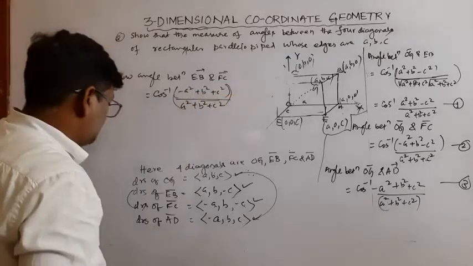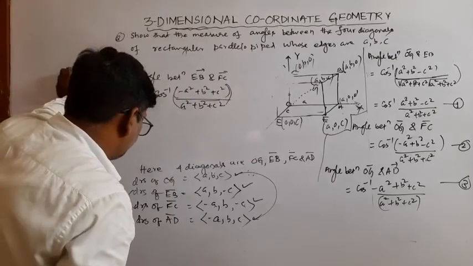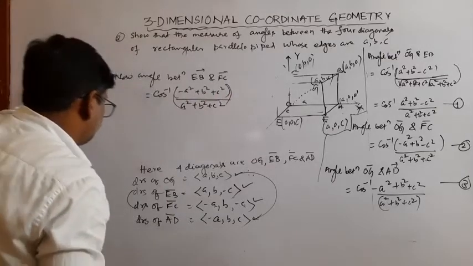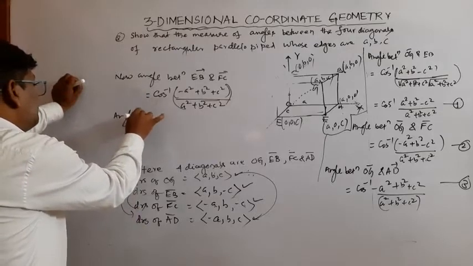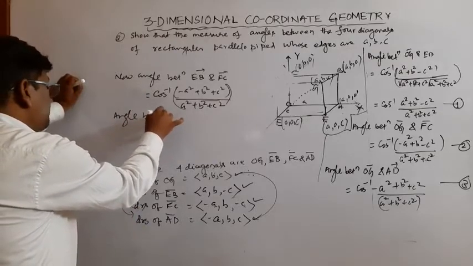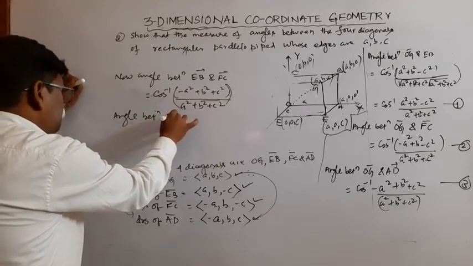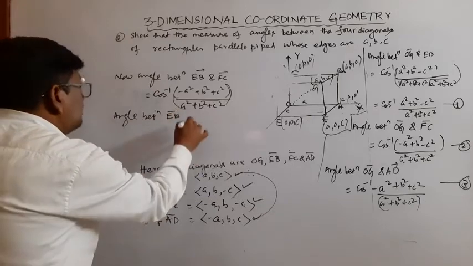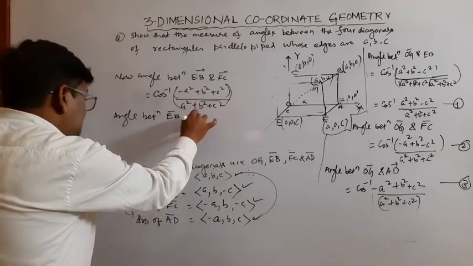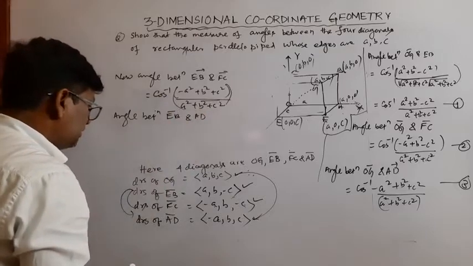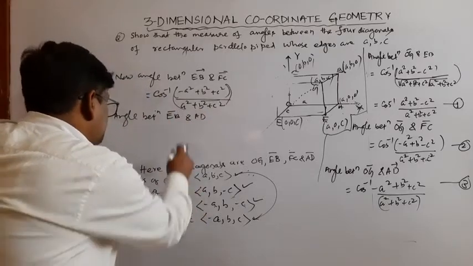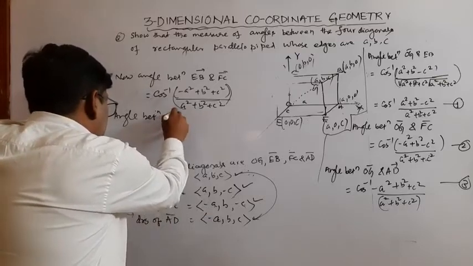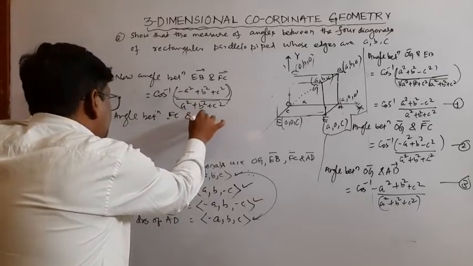This is now the angle between EB and AD. These two, angle between EB and AD. Actually FC and AD. FC and AD.